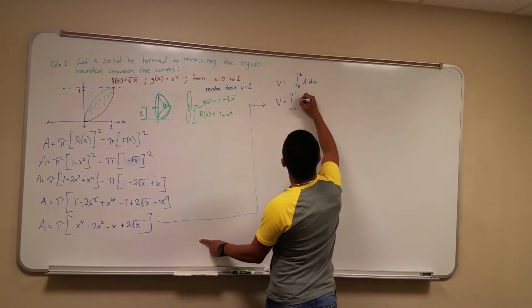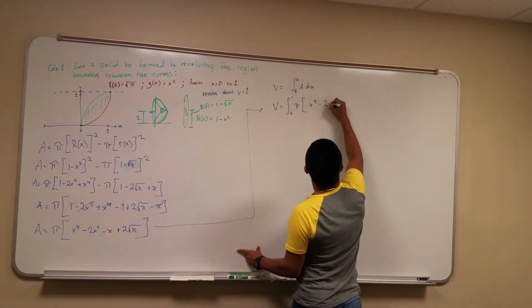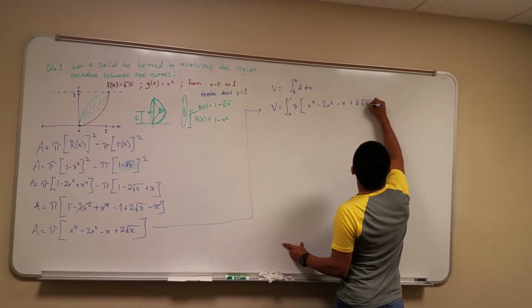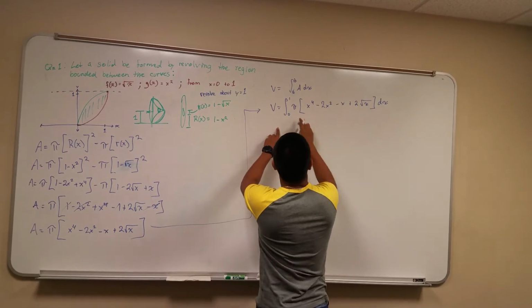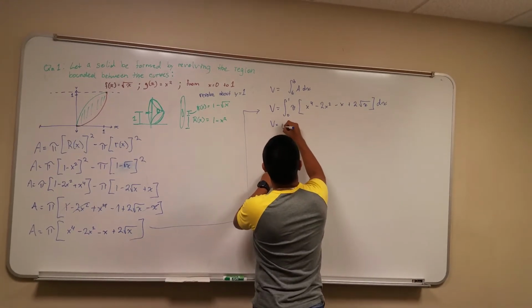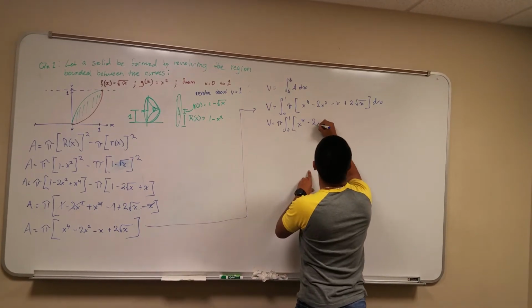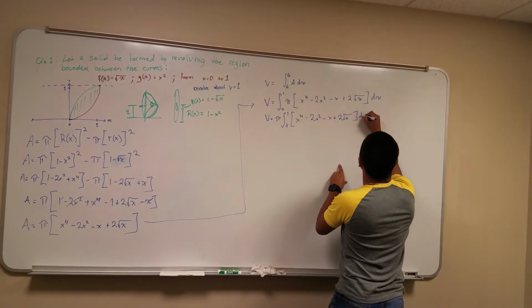Our area would be pi times x to the 4th minus 2x squared minus x plus 2 square root of x dx, which then we can take out the pi because it's constant, so pi times the integral from 0 to 1 of x to the 4th minus 2x squared minus x plus 2 square root of x dx.